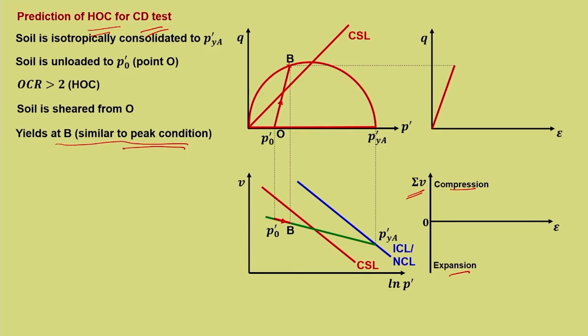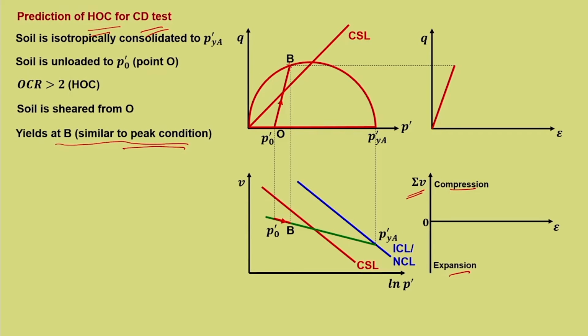And what it will look like in Q epsilon, so up to B it should be an elastic response. Now, in the case of MCCM we are forcing certain conditions here. When it reaches peak it is yielding. So, that is what it means. So, yield point B is the same as the peak point. Here this is an imposition, and we do not know whether the soil is going to behave in that manner, whether the soil is going to yield at the peak point, this is not clear.